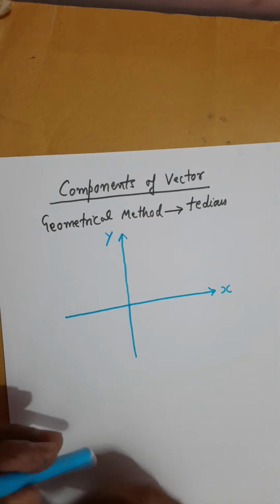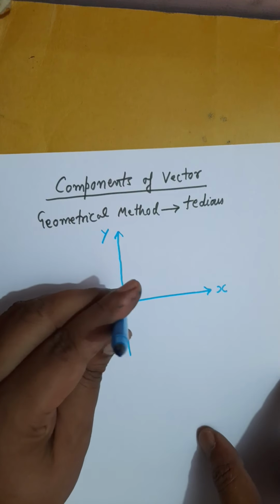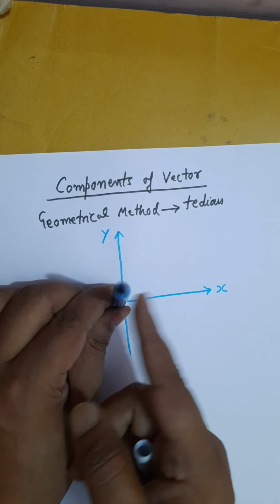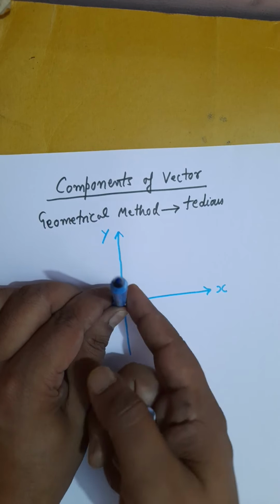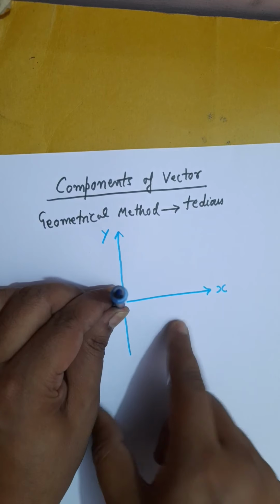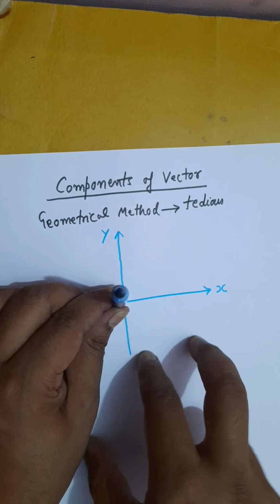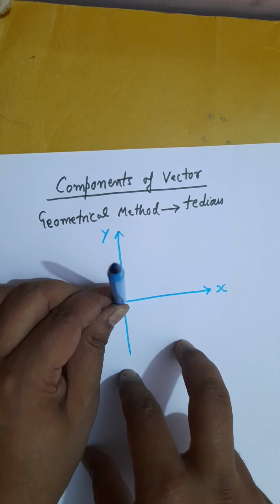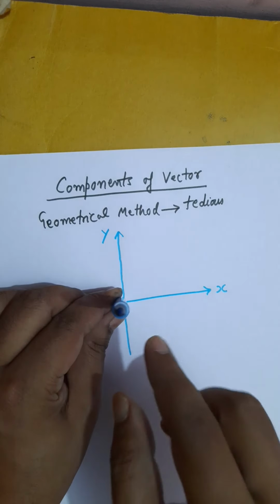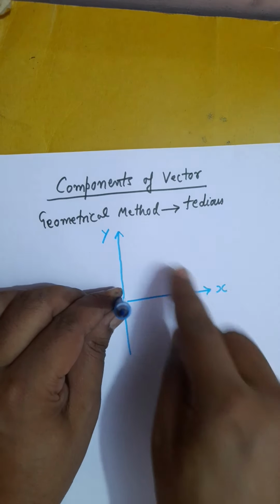If I put a line which is perpendicular to this page, this line is called the z-axis. Right now we are not interested in the z-axis, so we will deal only with the x-axis and y-axis.